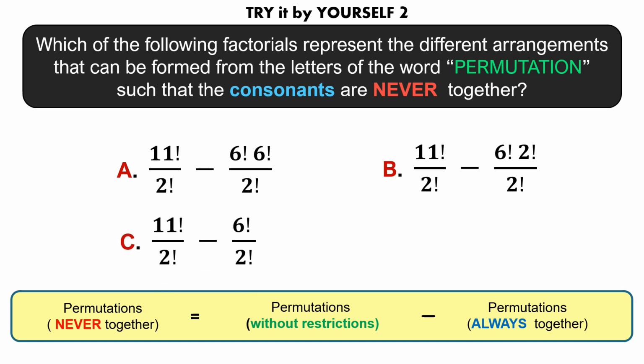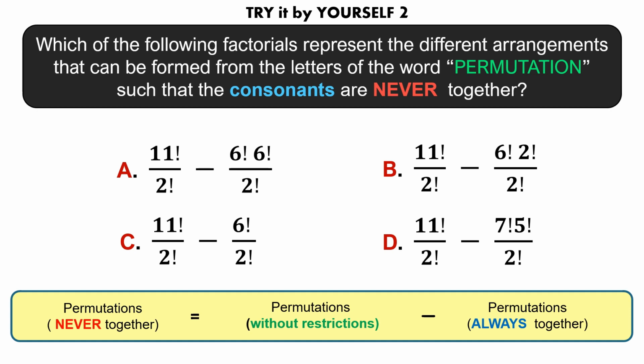Letter C, 11 factorial divided by 2 factorial minus 6 factorial divided by 2 factorial. And for letter D, 11 factorial divided by 2 factorial minus 7 factorial times 5 factorial divided by 2 factorial. And I'll give you a few seconds to apply and solve this problem.